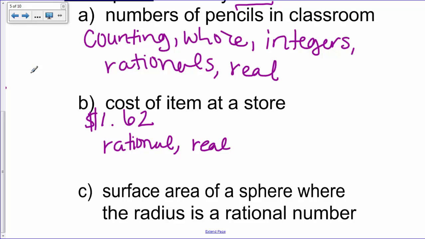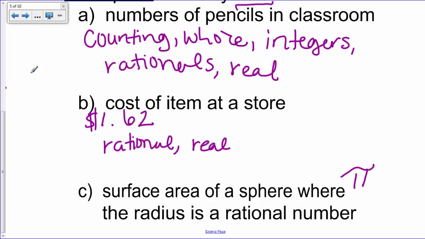Okay? Alright, it says the surface area of a sphere where the radius is a rational number. So first of all, it's probably unlikely that you know the formula for the surface area of a sphere off the top of your head, but it's going to have to do with a circle. And whenever we're finding the area of a circle, there's one thing that we always have to use, and that is pi.